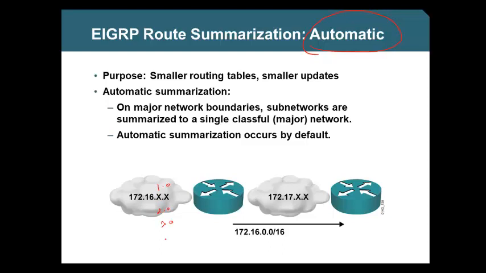But by default, when EIGRP advertises, it will summarize to classful. This is in older versions, earlier to 12.4. It is automatic.